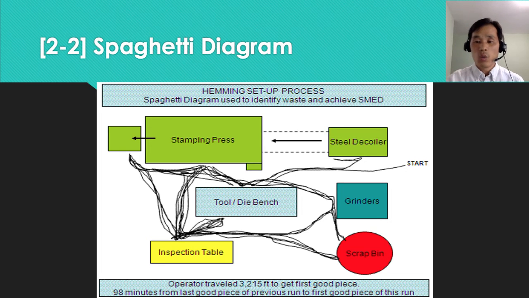To do so, one can come to the place and observe what is happening for a day or two and record the movement of the people, inventory, equipment, and so forth. Then draw a spaghetti diagram, and that helps them to understand the flow of goods, services, and people all together. That's the goal of the spaghetti diagram.